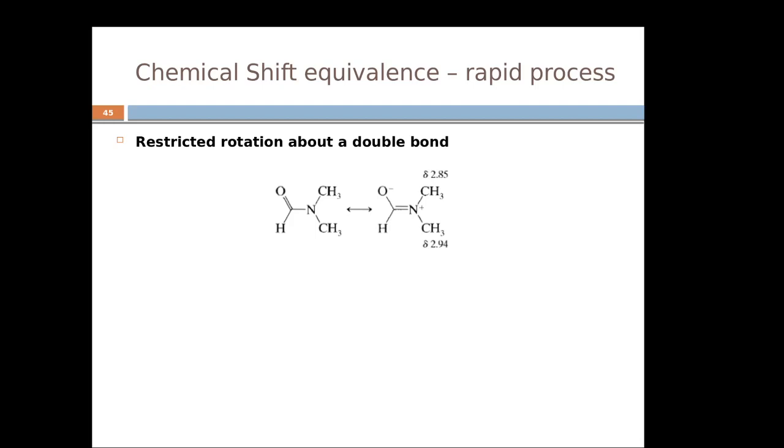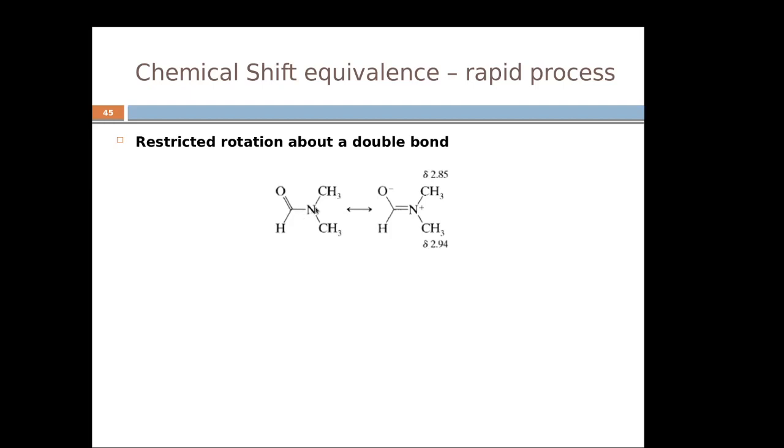So for example, in this molecule, you can see that these two methyl functional groups can rapidly interchange between themselves by free rotation about this carbon-nitrogen single bond. Around this carbon-nitrogen single bond, these two methyl groups can freely interchange between each other, and essentially that makes these two sets of methyl protons chemically equivalent, and these protons should give a peak in the NMR spectrum at an identical frequency.